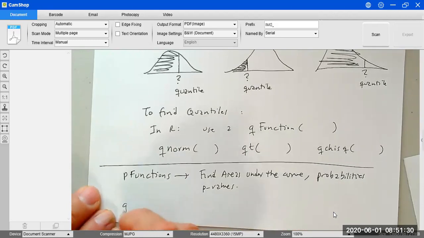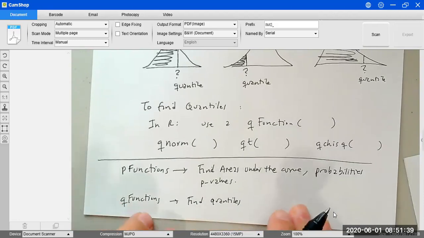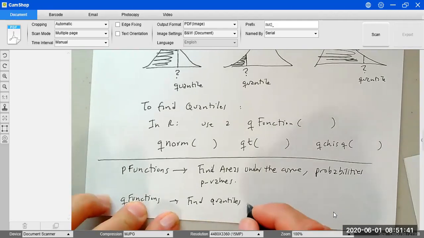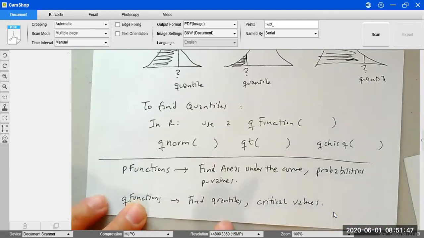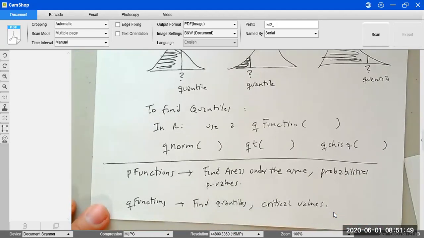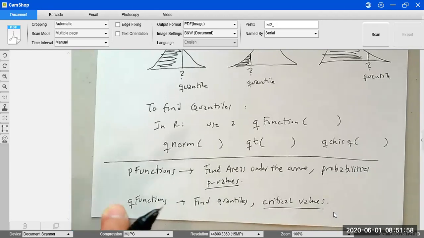And you use q functions to find quantiles given the area under the curve, which are also known as, we're going to find later, critical values. We're going to use critical values to make decisions. We're going to use p-values to make decisions. So you start becoming familiar with this kind of terminology.